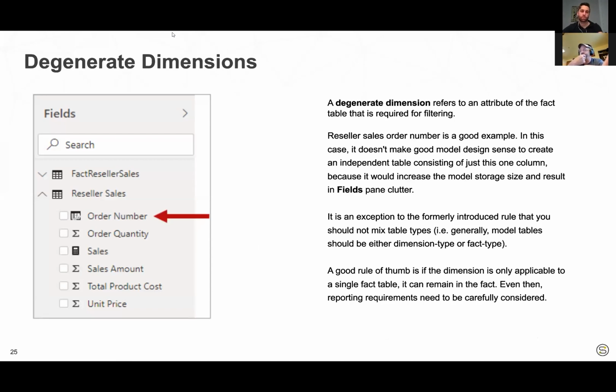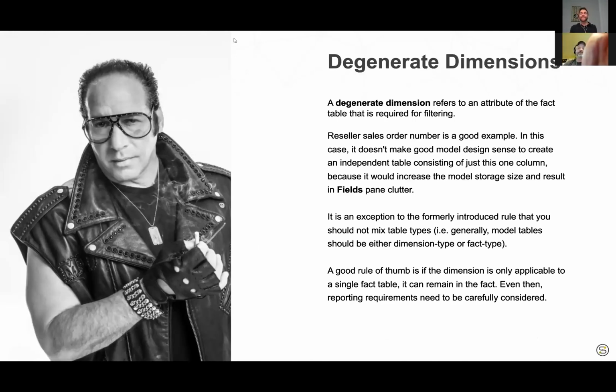So I really wanted to come up with a good picture for degenerate dimensions, but it just seemed problematic, right? No matter how I tried, I couldn't find a picture to pair with degenerate that didn't seem like it was going to be offensive or upset somebody. But then I thought about it, and then I came up with this guy. And again, another 80s, 90s reference.